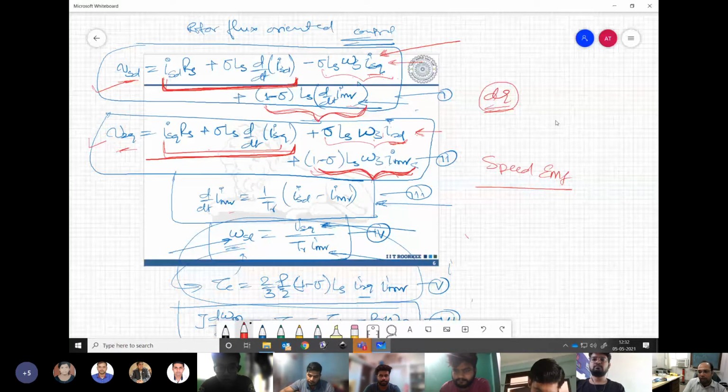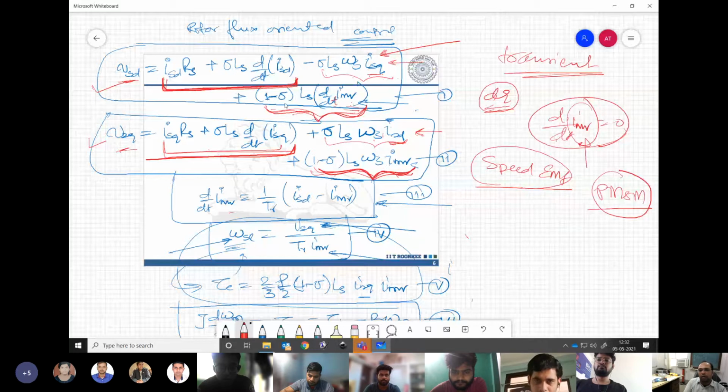So the EMF term will appear only in the Q axis, similar to what we have seen in the PMSM motor. But whenever there is any change, any disturbance on IMR, something will appear on the D axis also. This is the difference from PMSM. This is only under the transient condition. Whenever there is any change in IMR, something will appear on VSD on account of our speed EMF.